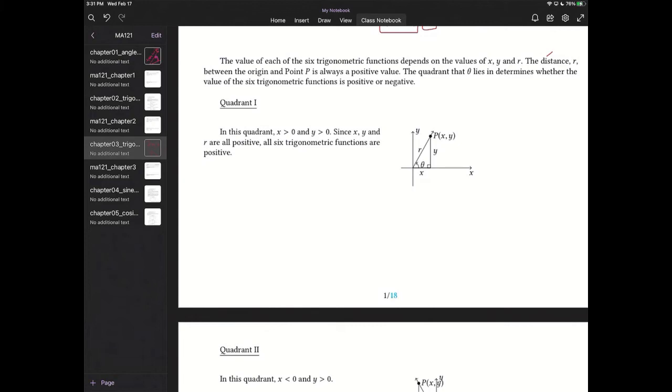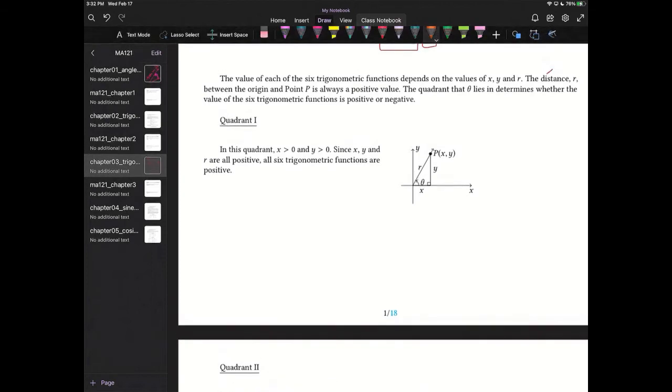What it's saying here in this quadrant number 1 example is that if you consider the angle in standard position and the terminal side is in the first quadrant, all trigonometric functions there will be positive. Why? Because in that quadrant, both x and y are positive. Remember that r is always positive regardless of what quadrant it is.